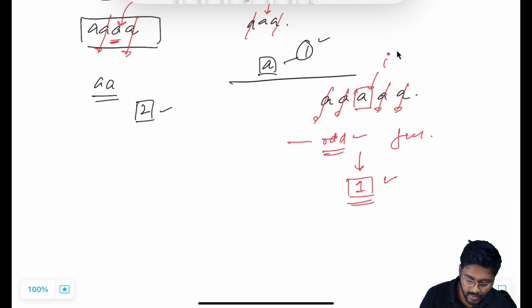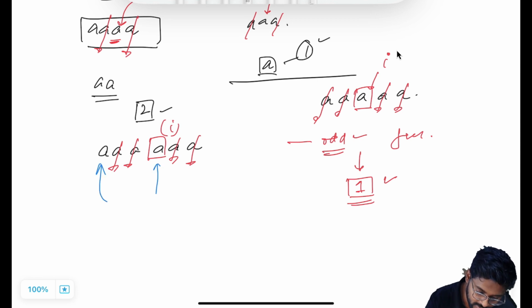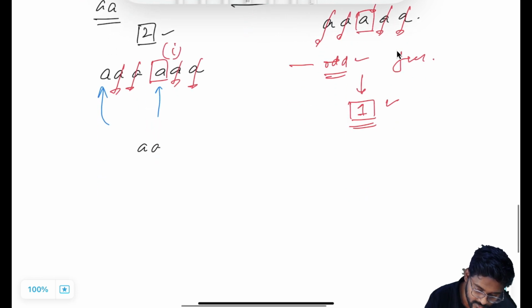Okay. What about if it is even? Let's say we have 6 times A, and 3 more times as well. If I choose this, I'll be able to reduce it by deleting 2 characters from this side and 2 more characters from this side, and after the operations, these 2 characters will be there. It is reduced to double A, which is 2.